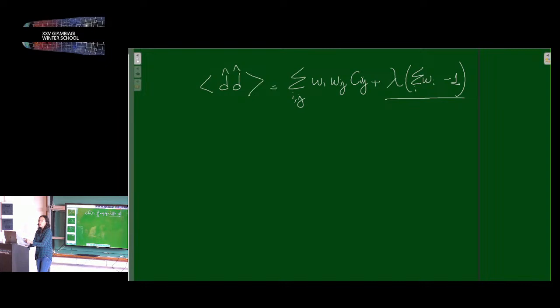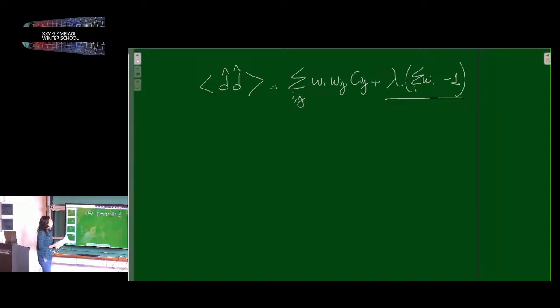Okay, I wrote down the variance of this guy, but now I want to minimize it, right? So in order to minimize it, I take the derivative with respect to the weights, and I make it equal to 0.